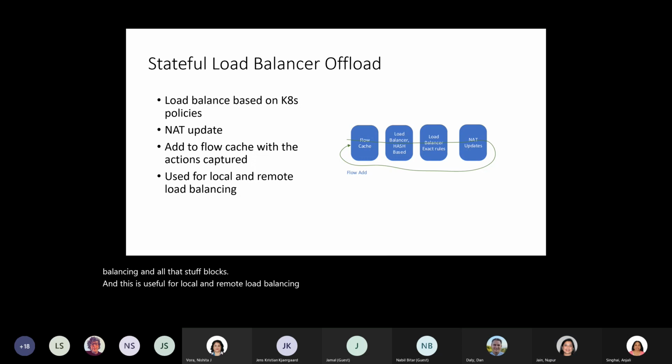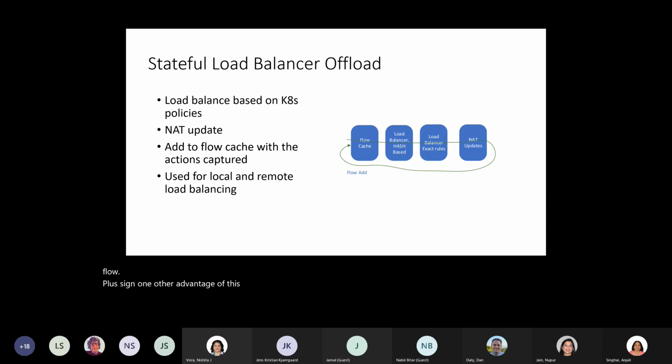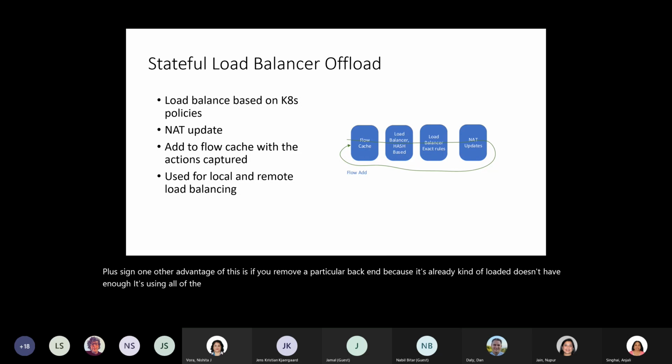So it's a very clean model to capture. Once you have gone through the policies for load balancing, you capture it in the hardware flow cache to do that for every packet of the flow. Plus, one other advantage of this is if you remove a particular backend because it's already loaded, doesn't have enough capacity, it's using all of the CPU, cannot handle any more new flows, so you remove that from the hash buckets.